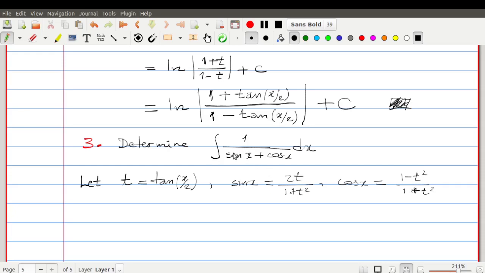Now if we add the two, sine x plus cosine x in terms of t, we have the same denominator, so we'll be adding all these terms here, so that will be 2t plus 1 minus t squared by 1 plus t squared.